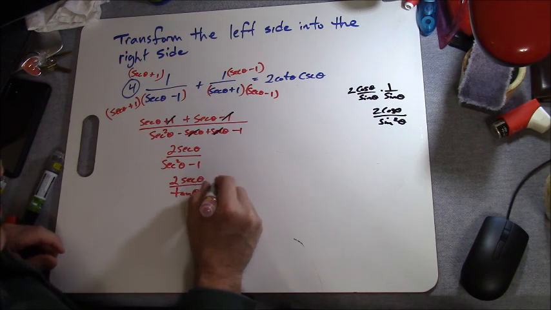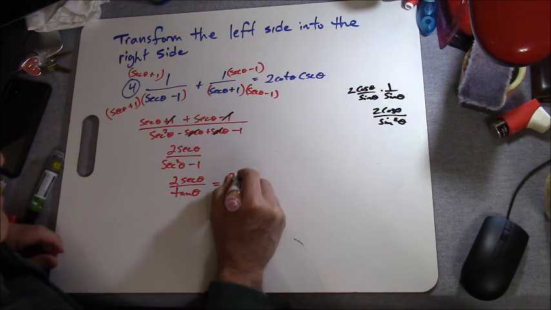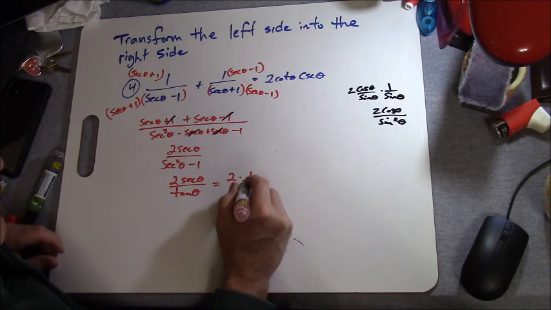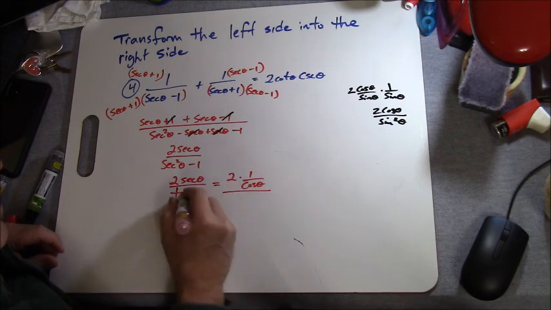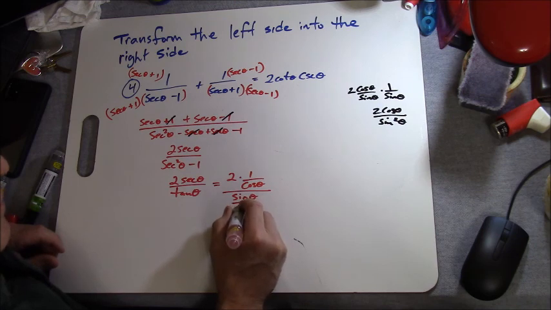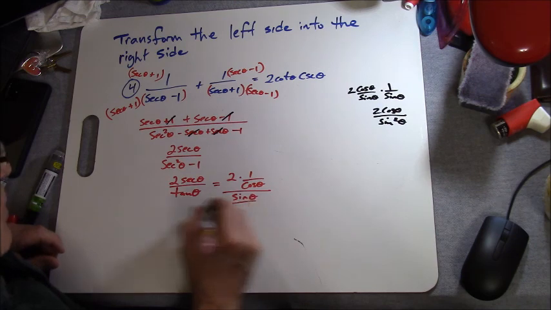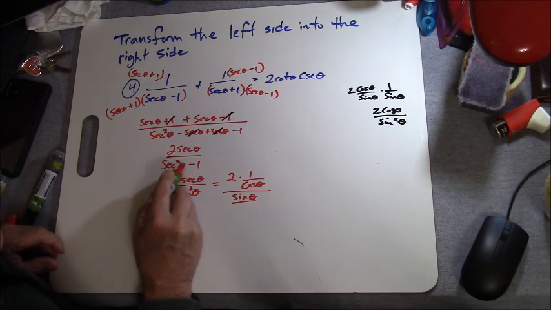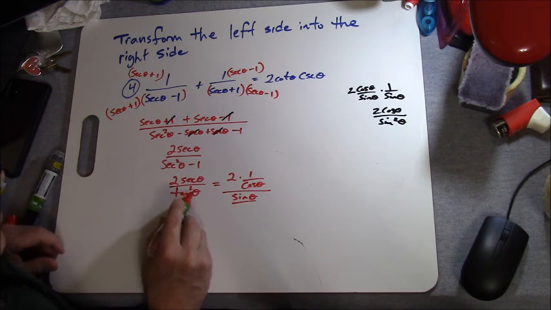Okay, so I now have 2 times 1 over cosine theta. And then down here I've got sine theta over cosine theta. Oh, this is supposed to be squared, right? Secant squared of theta minus 1 equals tangent squared of theta.